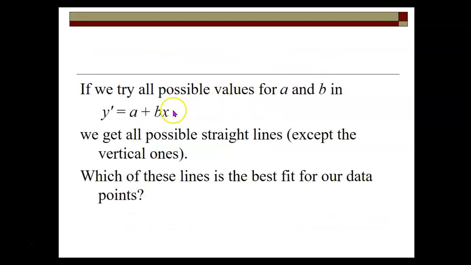Now, if you tried all possible values for the a and the b, all possible numbers that could go in there for a and b in y prime equals a plus bx, we would get all possible straight lines. So the question is, out of all those possible straight lines that you could have, which one does the best job of fitting our particular set of data points?